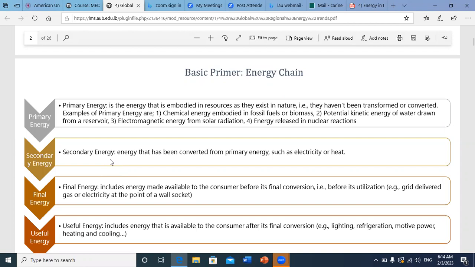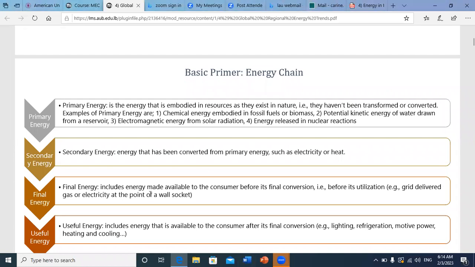The secondary energy is the electricity that will be produced after conversion of this potential energy. In other applications, for example, chemical energy in fossil fuels will be used to produce heat. So when you do the combustion, the secondary form of the energy will be heat.